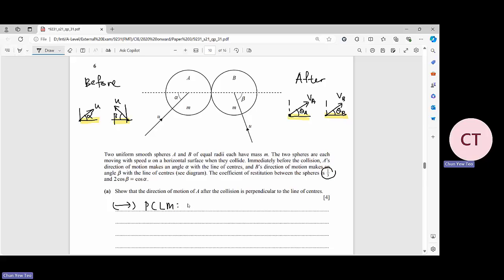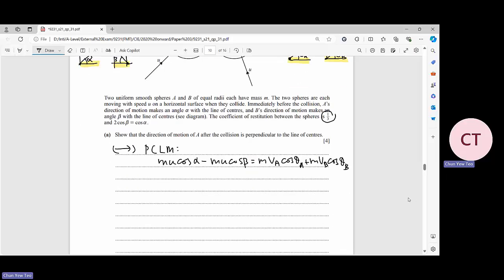So you have mu cos alpha minus mu cos beta is equal to mVA cos theta A plus mVB cos theta B. Cancel all the U, cancel all the M. So I get VA cos theta A plus VB cos theta B is equal to U cos alpha minus U cos beta. I call this equation 1.